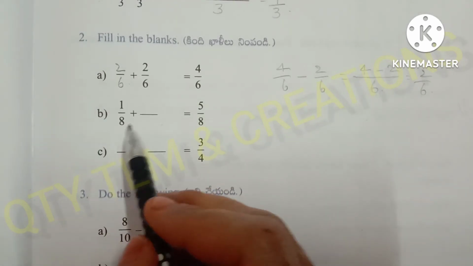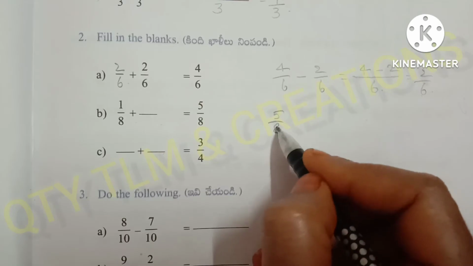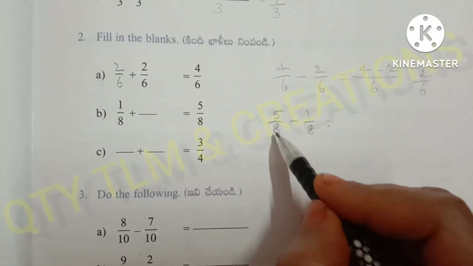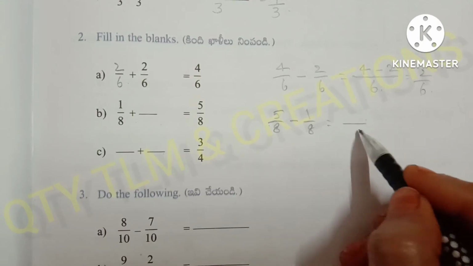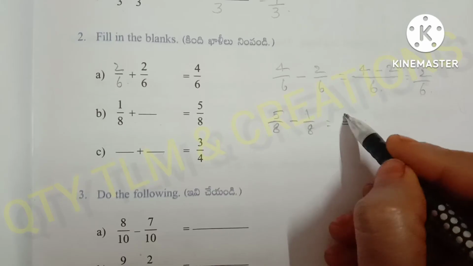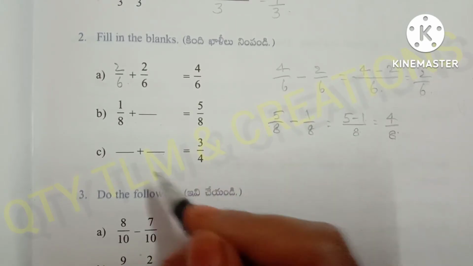Next, B, 1 by 8 plus dash equals 5 by 8. Here 5 by 8 minus 1 by 8. So we write the common denominator and the difference of the numerators, 5 minus 1 we get 4 by 8. So we have to write 4 by 8 here.